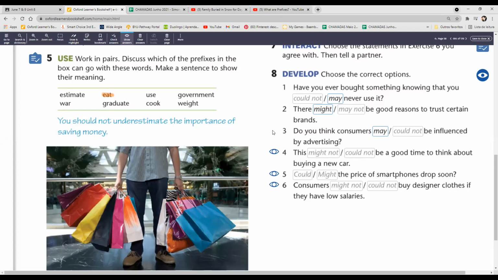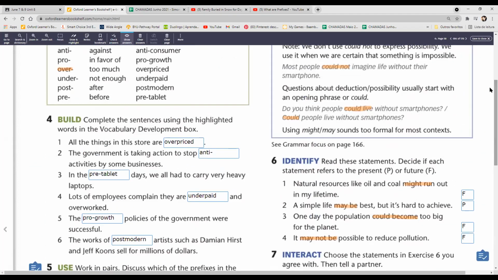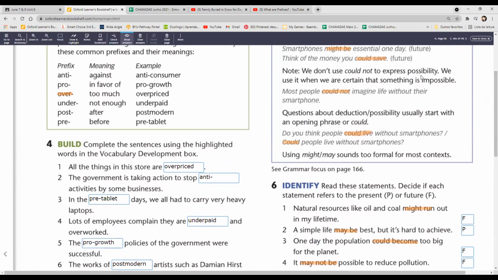Could not is when something is impossible. Remember, here in the explanation, they say that we don't use could not to express possibility. We use it when we are certain that something is impossible.